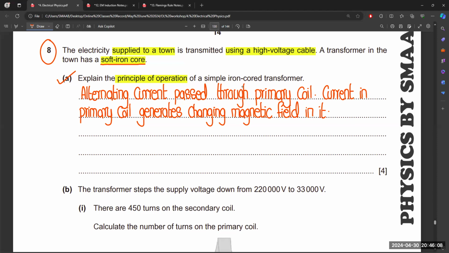So this iron core transfers the magnetic field to the secondary coil.